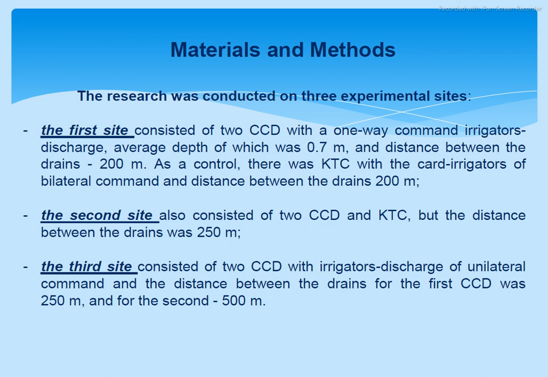The salt balances were compiled for 3 meter layers of soil and groundwater for each of the fields during the period of rice cultivation on them and based on water balance data.